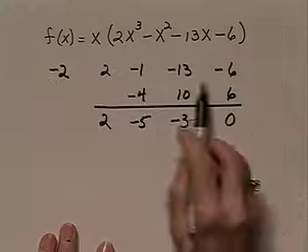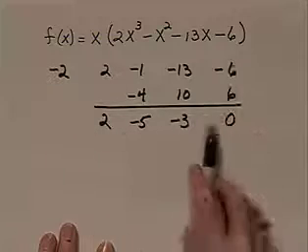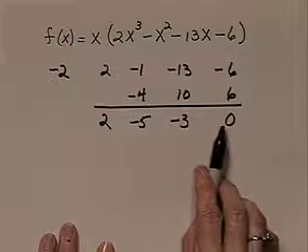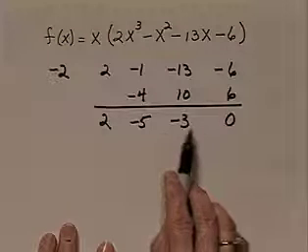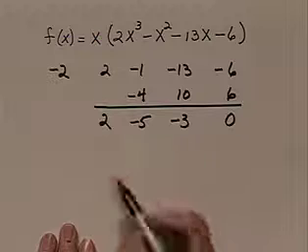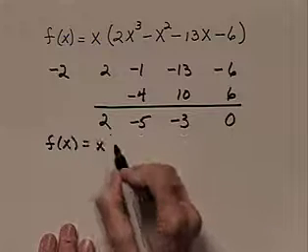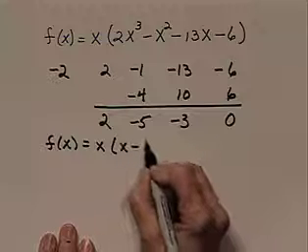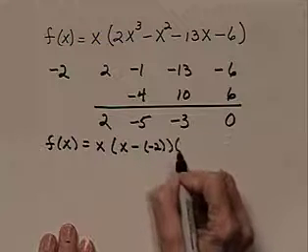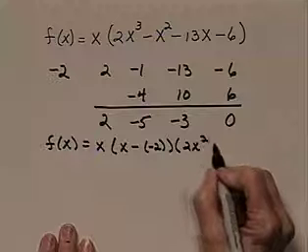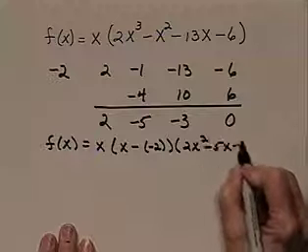Again, the value of this polynomial at -2 is 0. The 0 remainder tells us that this is the other factor. So f of x is equal to x times x take away a -2 times 2x squared minus 5x minus 3.